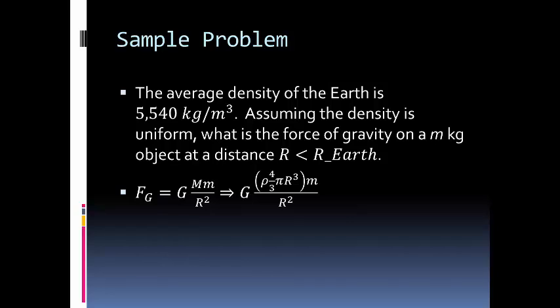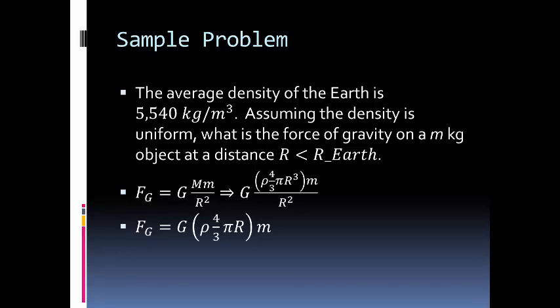From the previous problem, we know that the mass of the Earth at a distance r less than the radius of the Earth is just going to be rho 4/3 pi r cubed m all over r squared. Simplifying that equation, we get that the force of gravity is equal to G rho 4/3 pi r m.